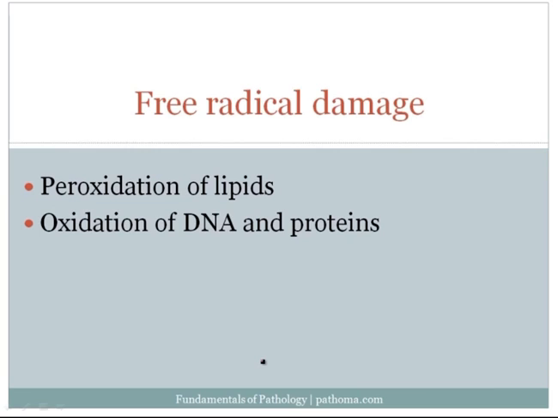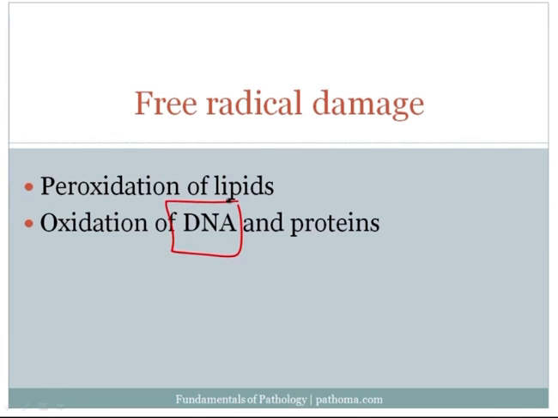So free radicals can do a couple things. Number one, they peroxidize lipids, and that is damaging, particularly to the lipid membrane. And number two, they have the ability to oxidize, and in particular, they can oxidize DNA and proteins. The oxidation of proteins will result in damage to the cell, and also the oxidation of DNA can result in damage to the cell.